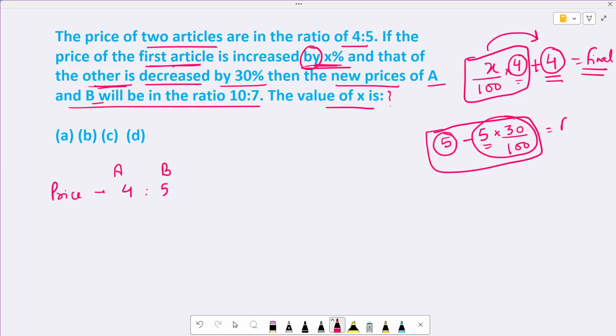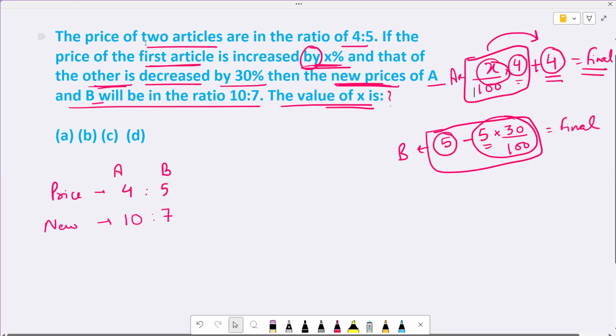So this will be the final price for article B, and this for article A. Now they are saying the new prices of A and B will be in the ratio 10:7. They are asking what is the value of X, so we need to find the value of X.